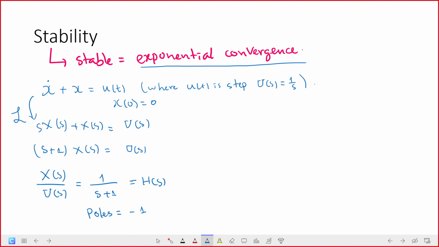The pole minus p1 equals minus 1, so s1 equals minus p1, which is minus 1. A pole is the value of s that makes the denominator 0.